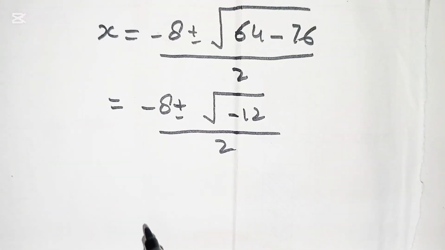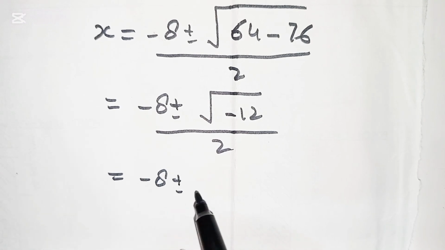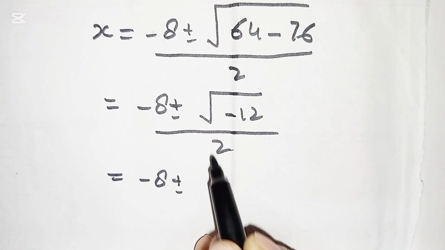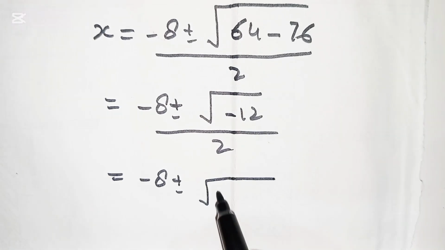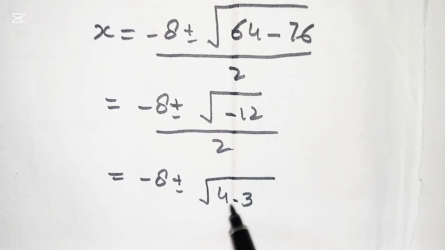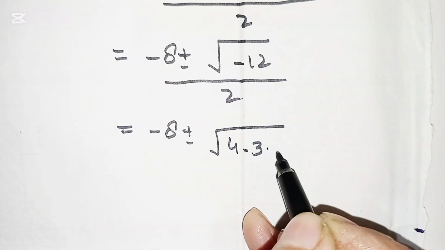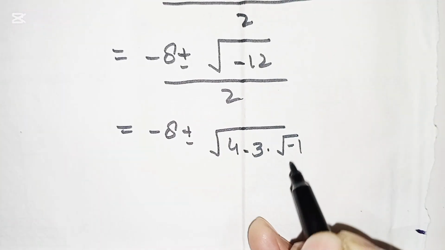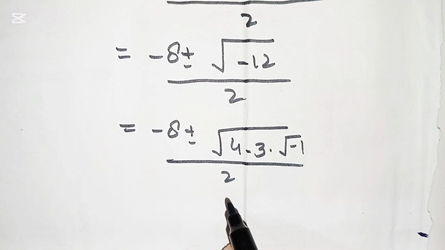And now minus 8 plus minus, and this minus 12 can be written as square root of 4 times 3, times square root of minus 1, then over 2.